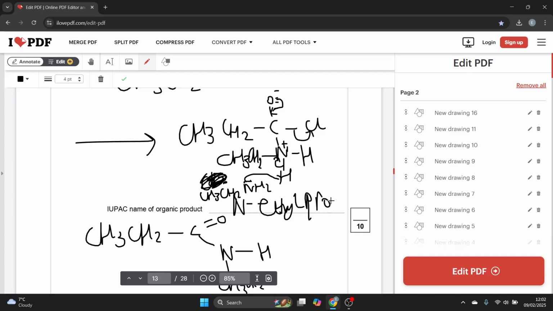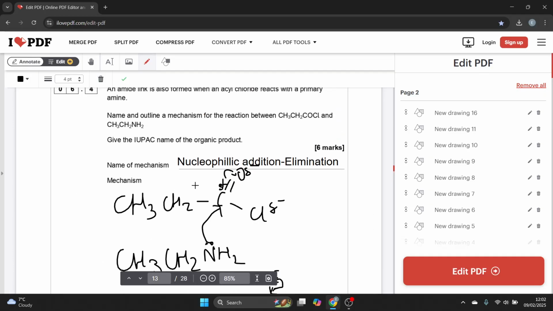N-ethyl propanamide for 6 marks, and you can quite easily get 5 out of 6 for this. You don't need to get 6 out of 6.